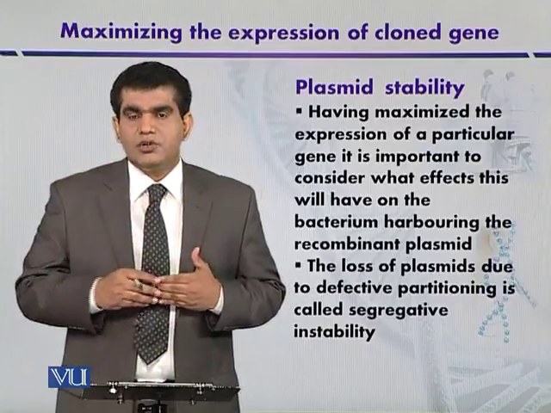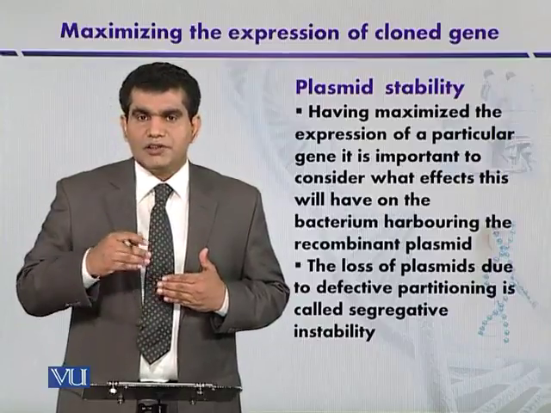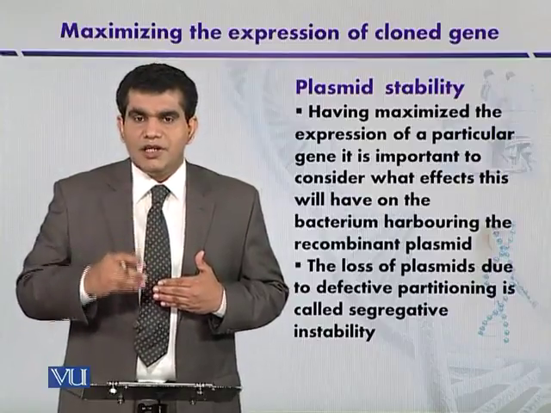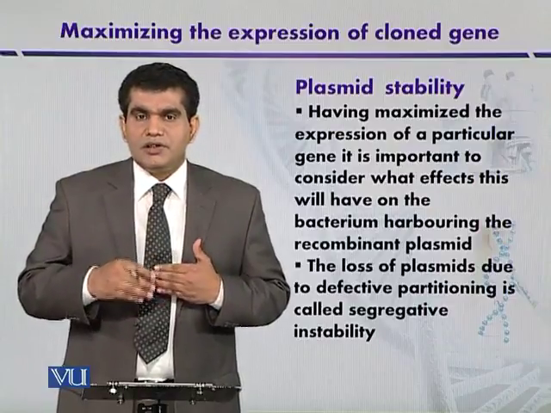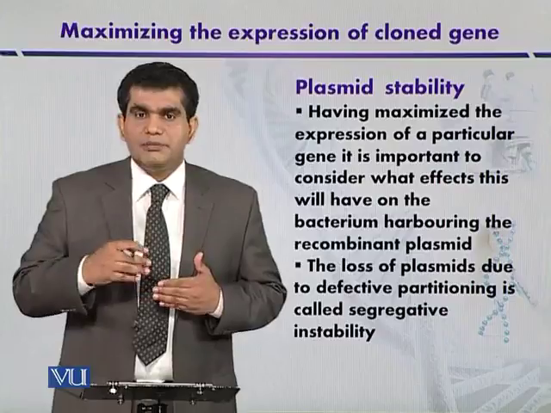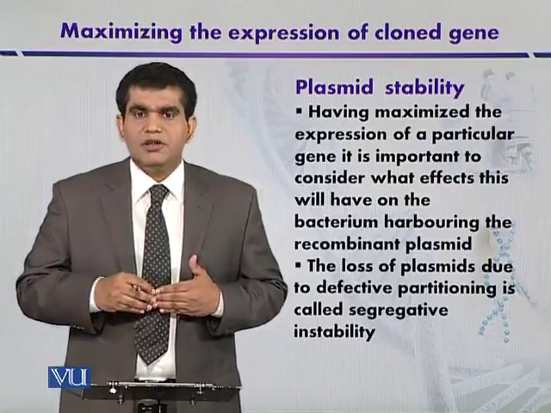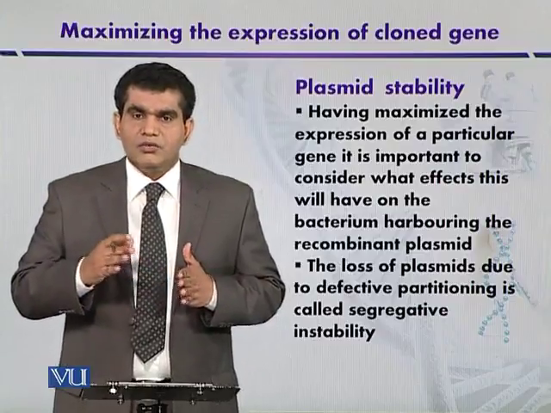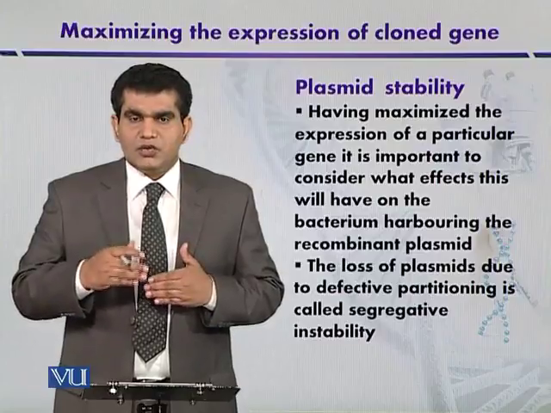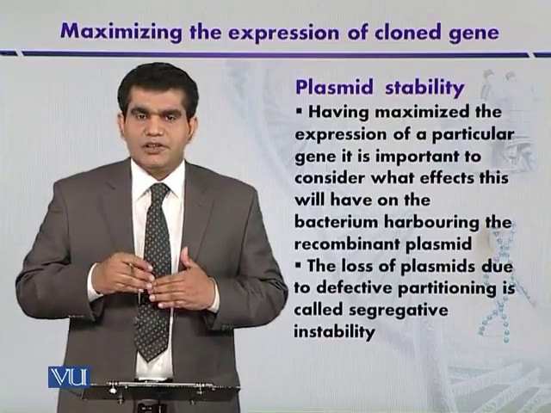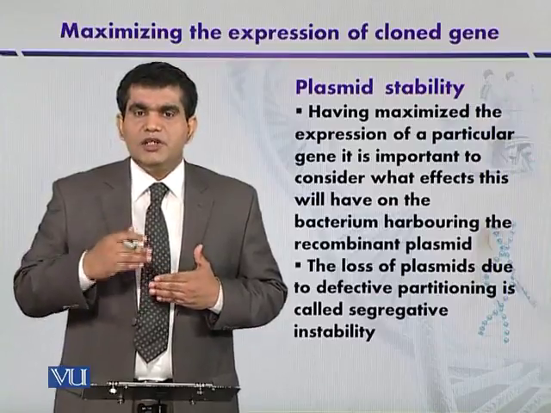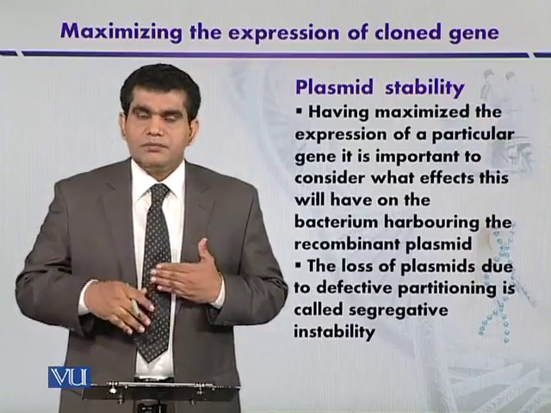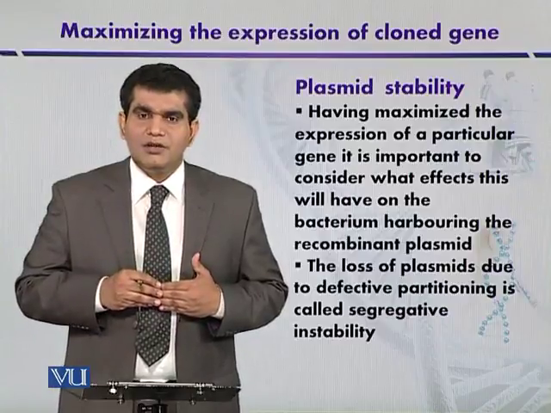So in addition to the PAR region, superhelicity of the plasmid DNA is also important in determining the segregative stability of the plasmids in the daughter cells. And I think we have focused on this topic, especially how superhelicity or certain mutants can manage the equal distribution of plasmid DNA into the daughter cells.